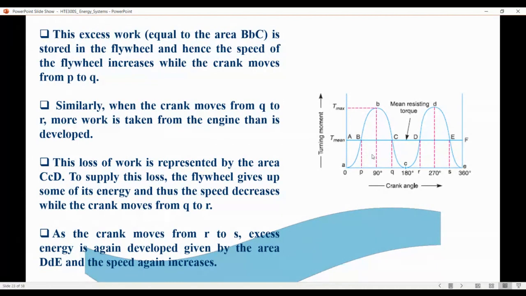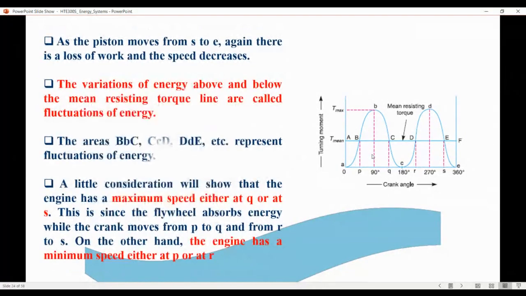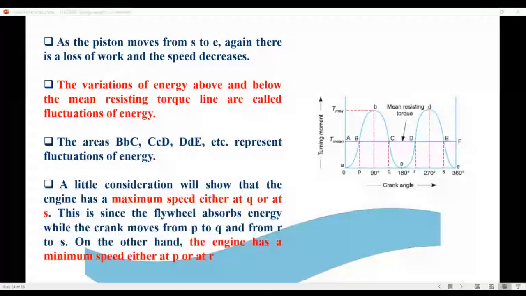Then again, from R to S, we actually absorb the energy. The flywheel goes fast again, and the cycle essentially repeats itself over and over. From S to E, the speed decreases. Is that clear to everyone? If you get that, you're 25% of your way there.